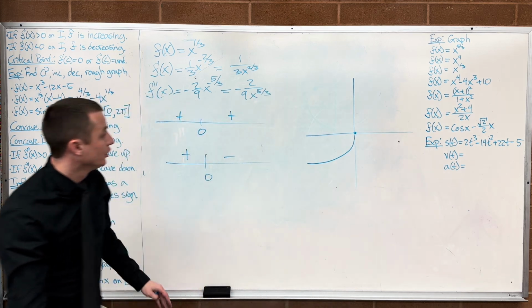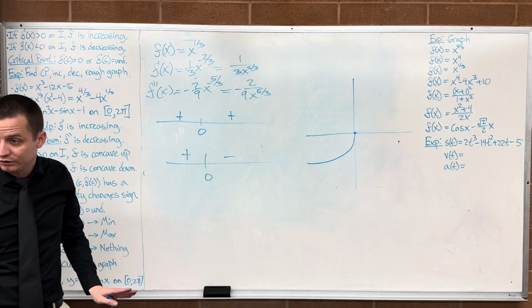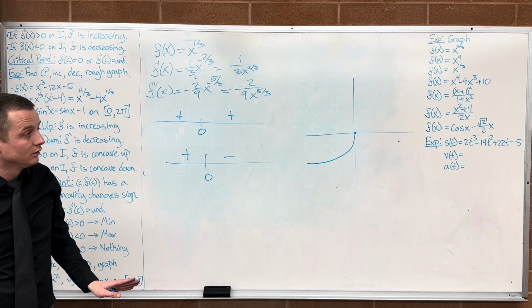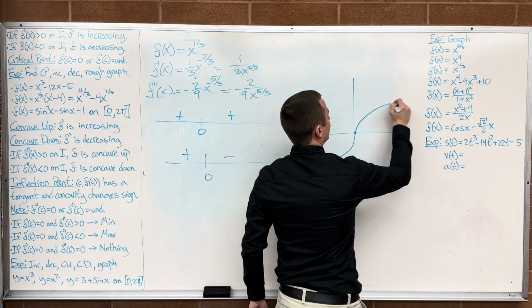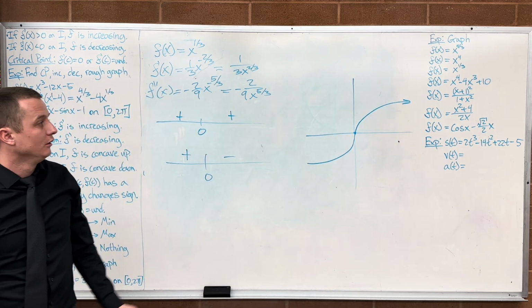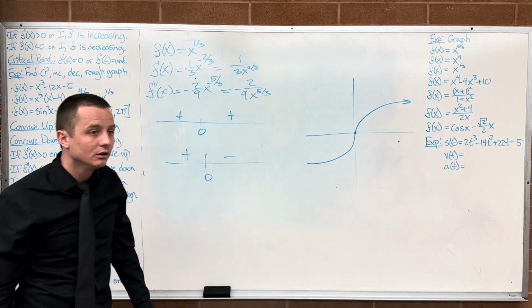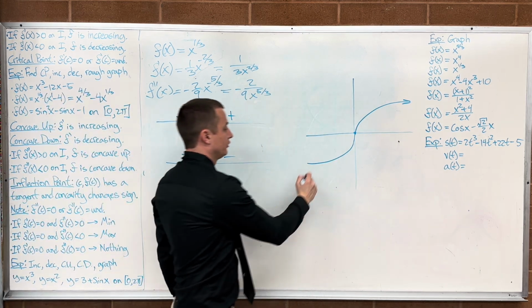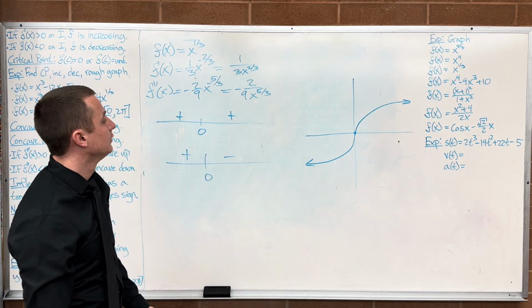And now we're concave down, but still increasing. So it's the half of a frowny face where it's increasing, a quarter of the frowny face. And so that's what x to the 1/3 looks like, kind of like a cubic flipped on its side.